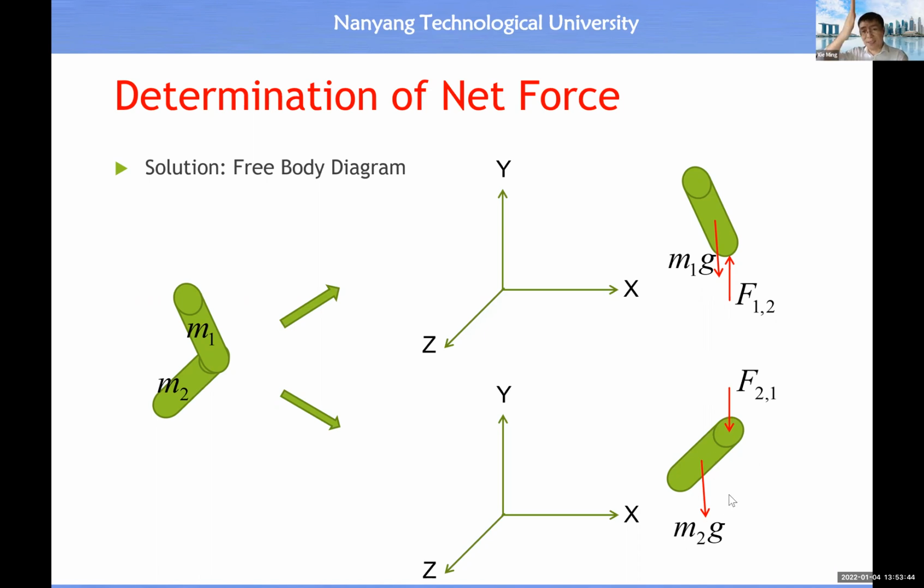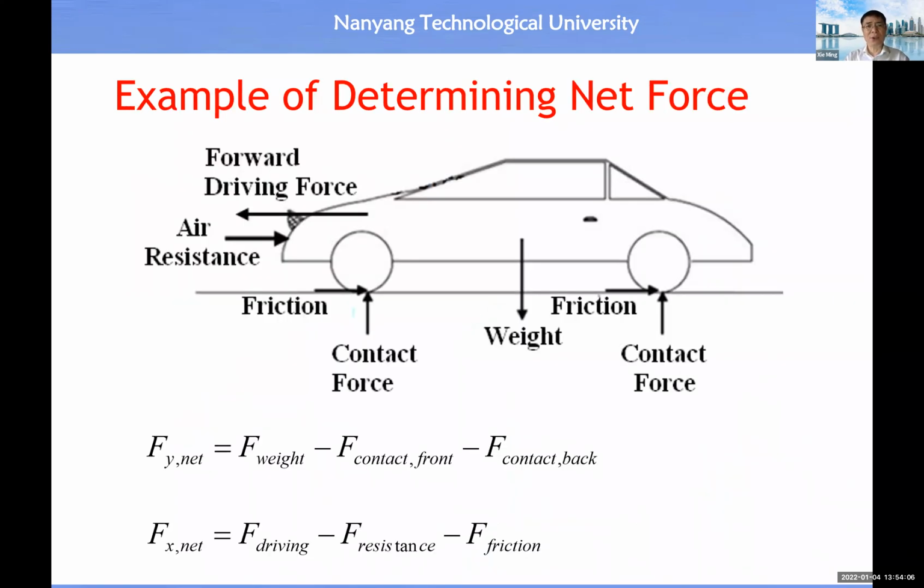Then in the vertical direction, we must look at all the external forces acting on the single rigid body. So this is the practice or guideline for us to do analysis of rigid body inside mechanic system. So here is an example. Let's say we have a vehicle moving on the horizontal plane.